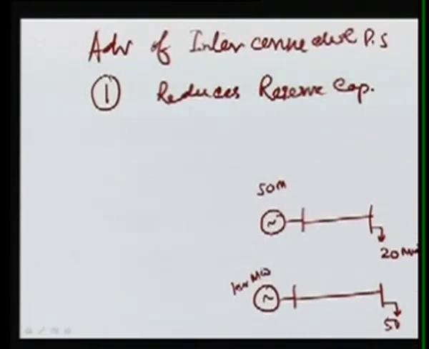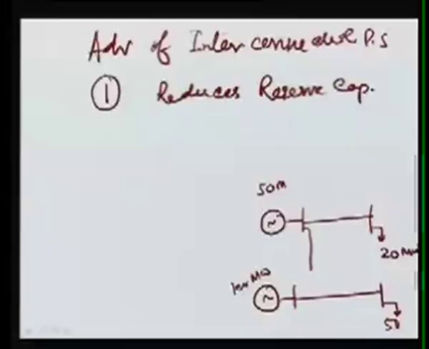Now why do we go for more? Because the load is increasing, we go for more reserve margins here. Now here also we have 50 megawatt and our generating capacity should be more than 50 megawatt. So if you can connect these two systems, now what will happen? Even though this load is 70, there is no need of this generator.